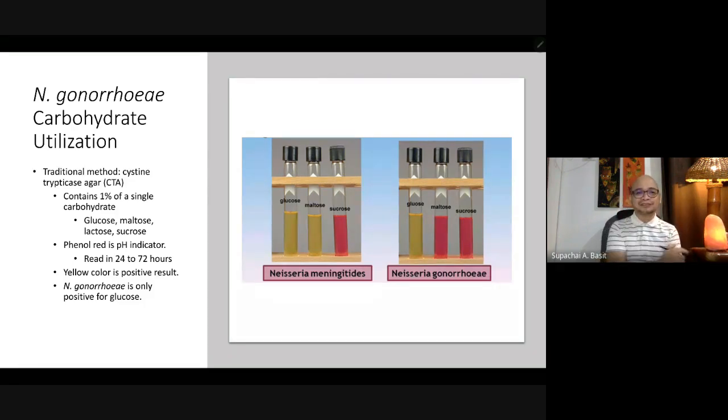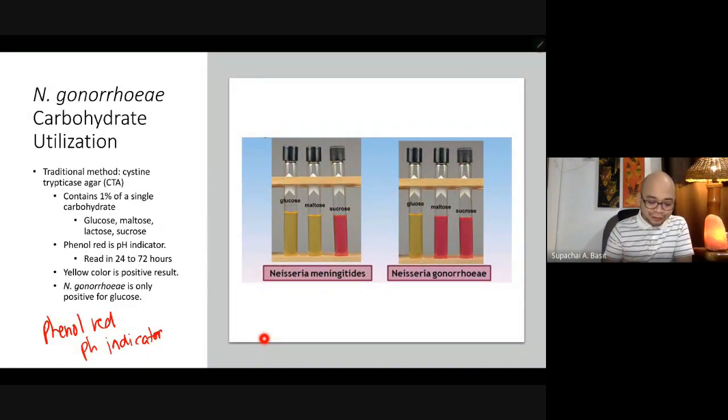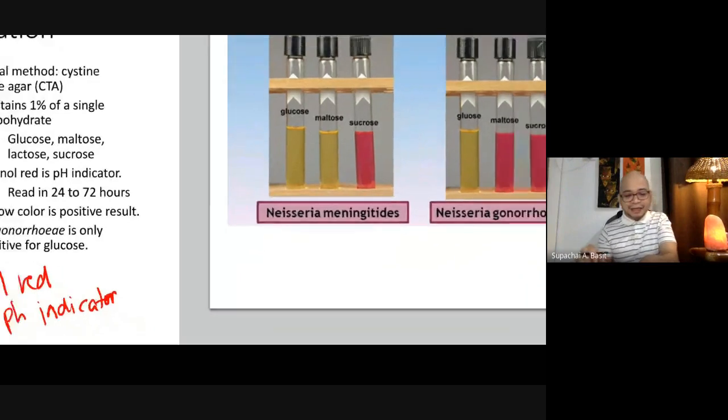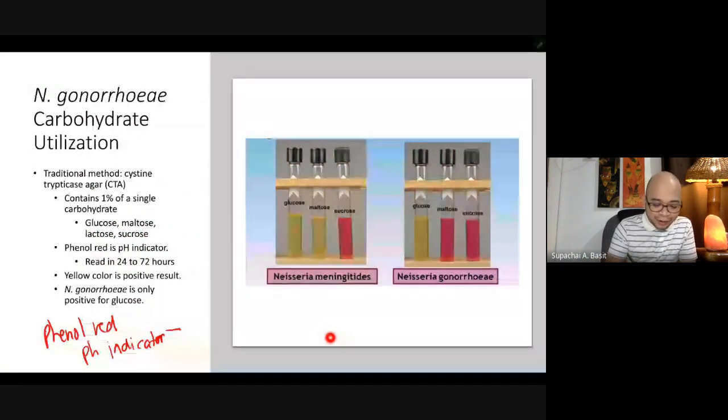The principle of this one is that we use phenol red. What's the purpose of phenol red? Phenol red is a pH indicator. So this is a carbohydrate fermentation test.